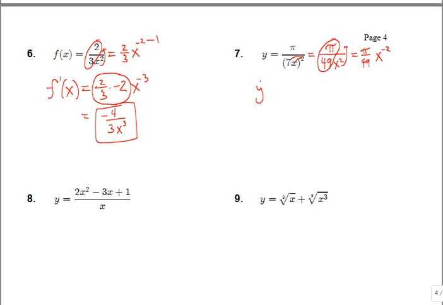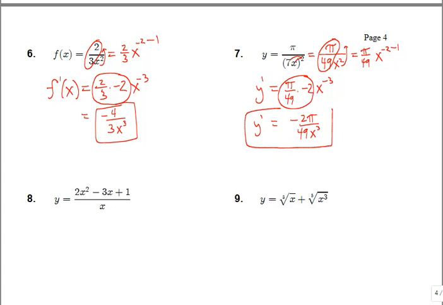So then y prime would be that coefficient stays put, and then the power gets brought down, and when we subtract 1 from the power, the new power is a negative 3. And rewriting this a little bit nicer, pi over 49 times negative 2 becomes negative 2 pi over 49, and that x cubed can move back down to your denominator. So here's our derivative.